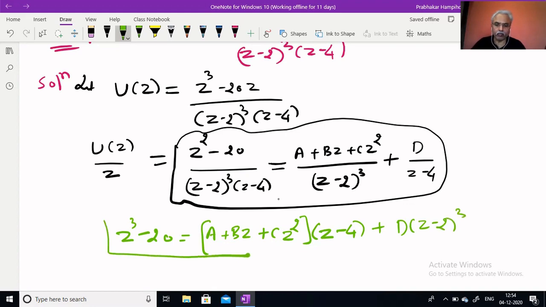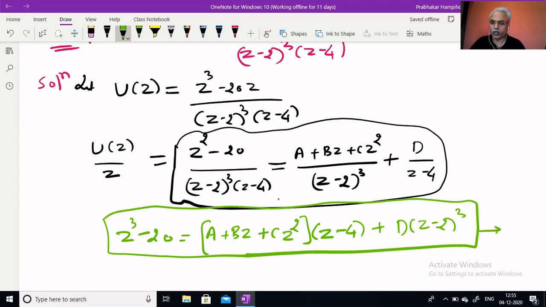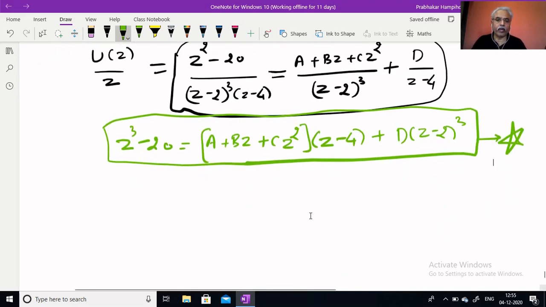Let us mark it as equation star. Now to find a, b, c, d, I can choose z equal to 0, 2, 3 or 4, or compare the coefficients. If I put z equal to 4, this whole thing becomes 0 and I'll get d.